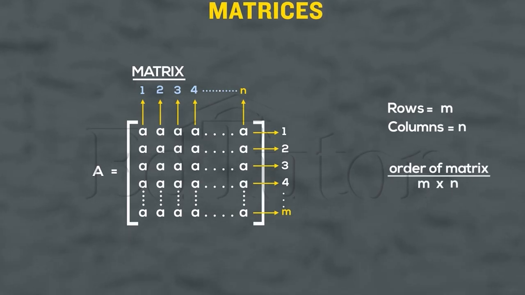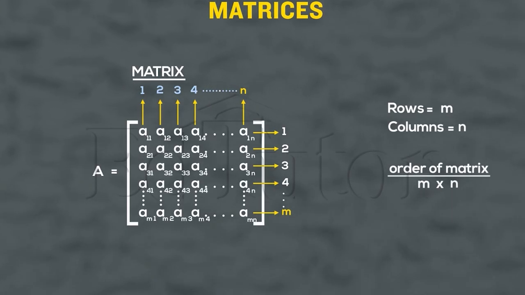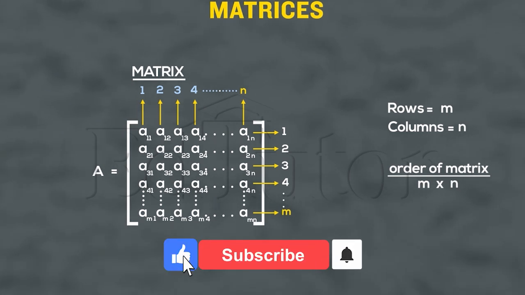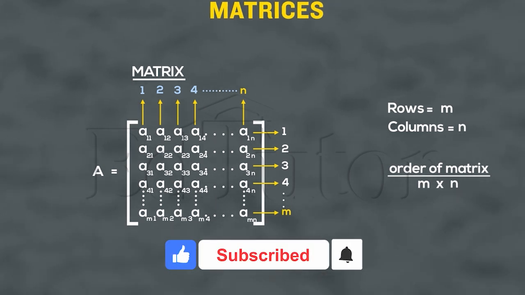Now, all the elements of the matrix are arranged in rows and columns. This means that every element has its own unique place. As we can see, their uniqueness is mentioned by these two numbers here in the subscript.